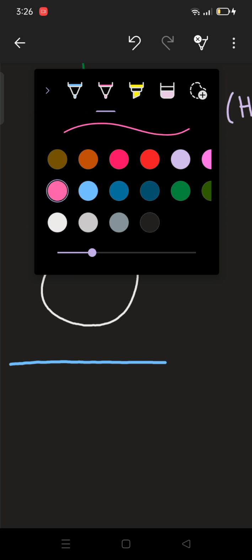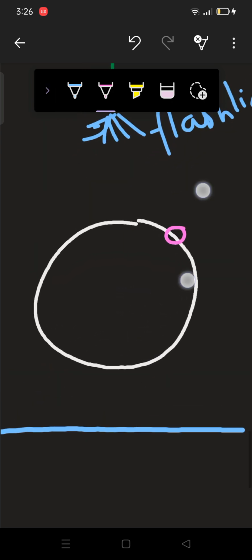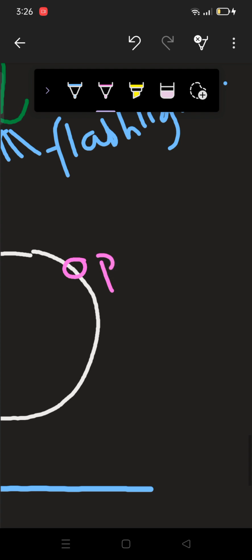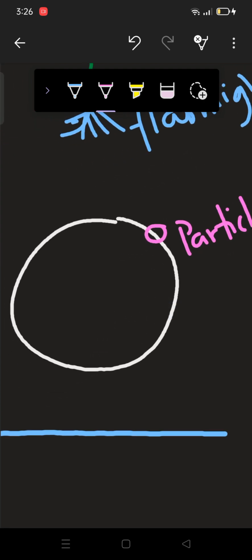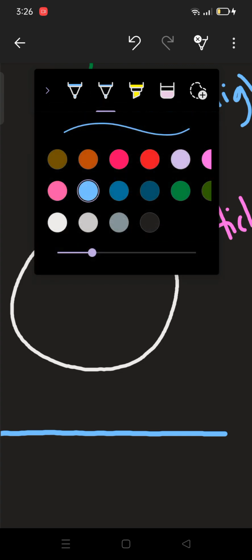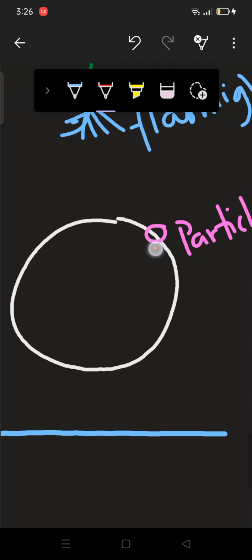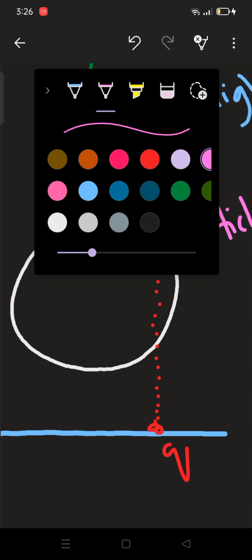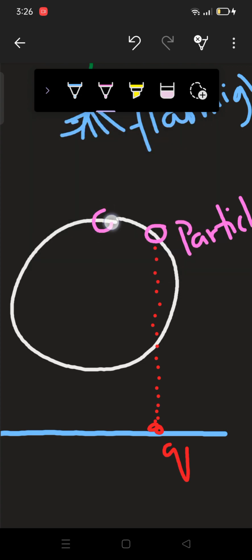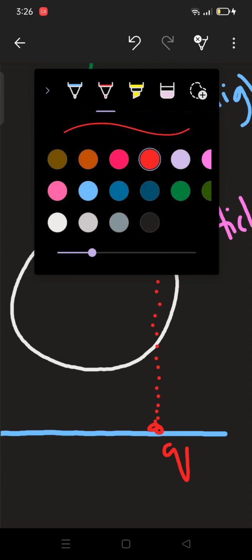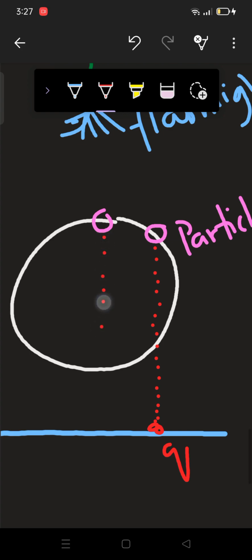Now see this particle will move here. Its projection, for example, is here right now. This Q is its projection, right? So when it has moved here, its projection is here now.